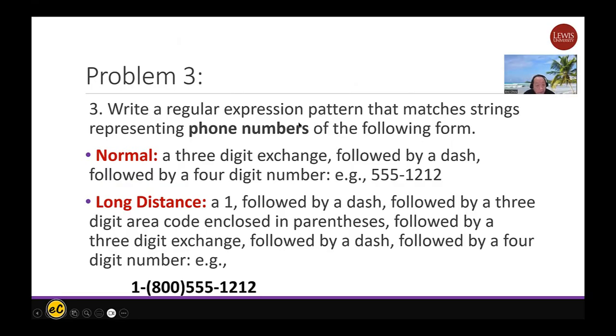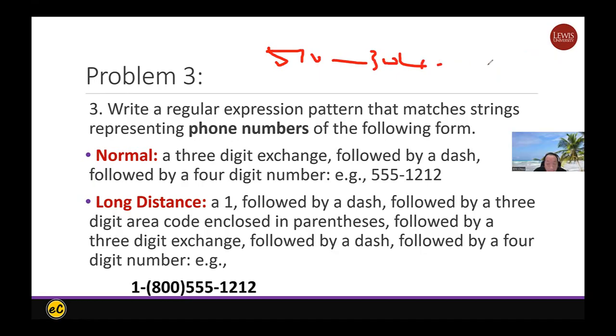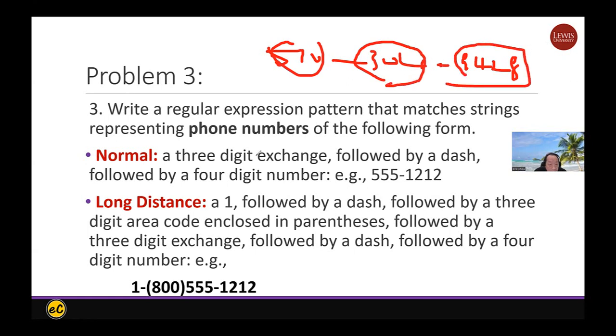Okay, next one is a phone number. So for a phone number, you may have 510, 304, and then 9428. So this is the area code, regional code, dash, your number.